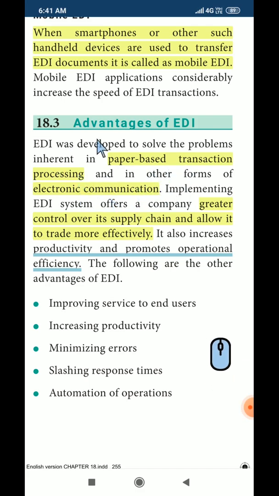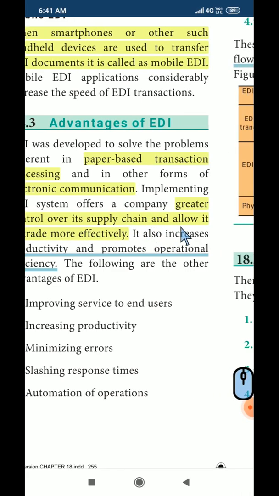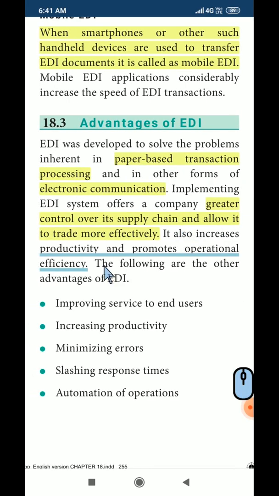So for this reason we have used this EDI format, and implementing an EDI system offers a company greater control over its supply chain and allows it to trade more effectively. See here, the greater control is for a supply chain, because everyone is now eager to do their online business.